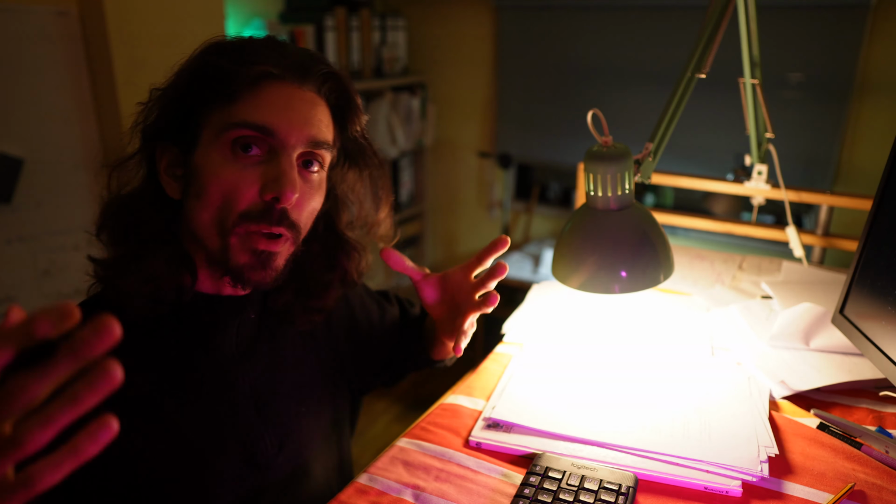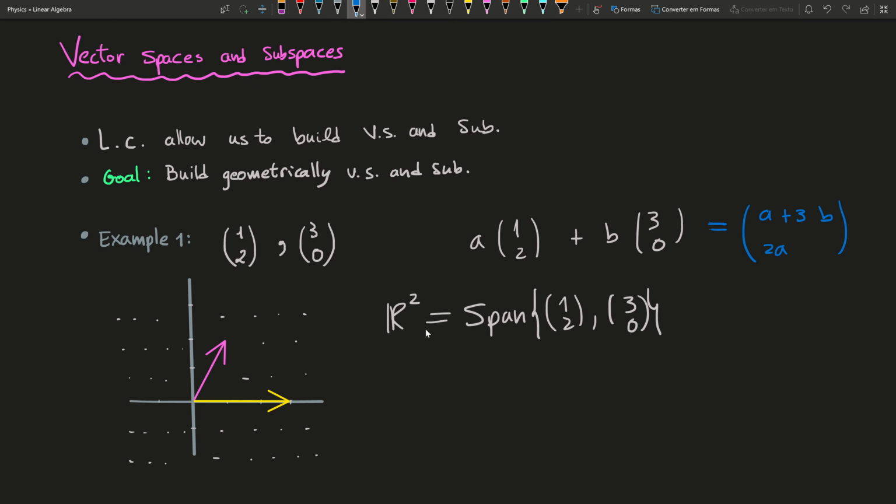So this is a generic form of the elements in this set. In fact, I can write it like this. R² is the set of all elements (a plus 3b, 2a), such that a and b are real numbers, and R² is this set as well.